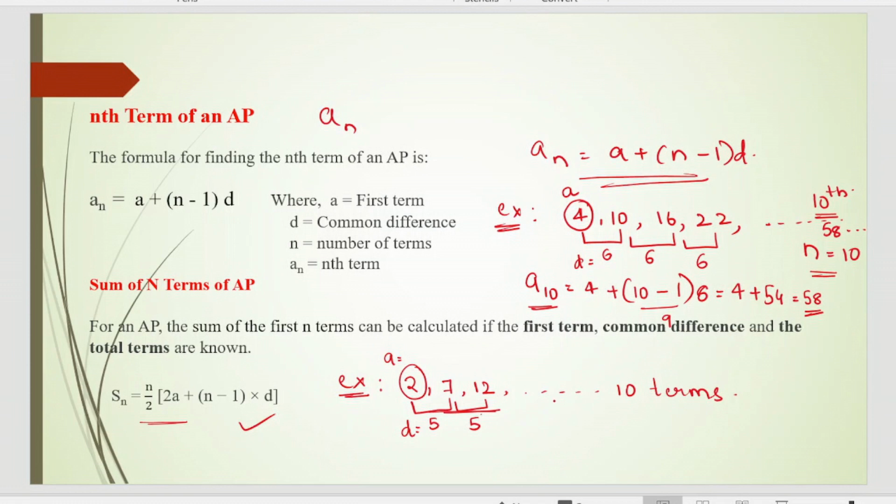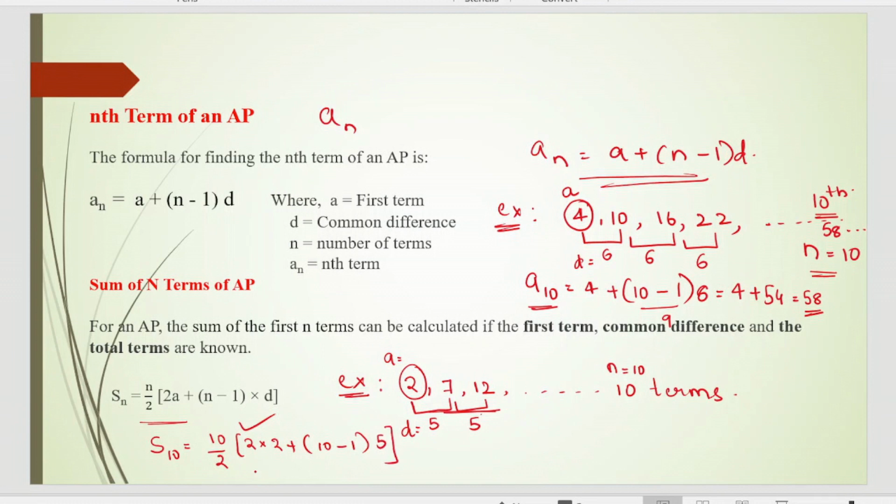So here it is up to 10 terms, right? So we can take n = 10 here. If you substitute all these in the formula, you will get S10 = 10 by 2, times 2 into a, which is 2, into 2, plus n is 10, 10 minus 1, times d, which is 5.